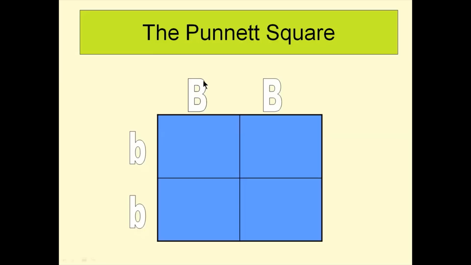So when we've written the possible gametes in the top row and the left column, we cross the top and left. So for the first column, the product will be capital B and small b because we are crossing the top with the left. For every case, we'll do the same.